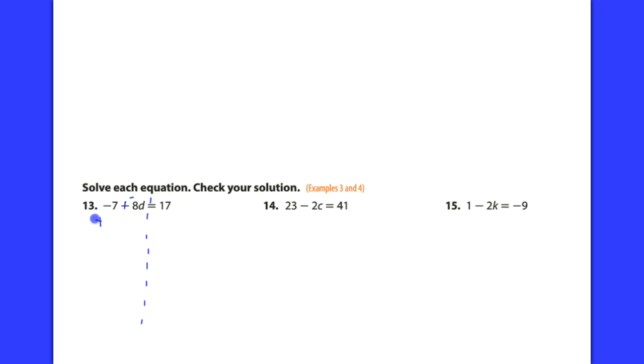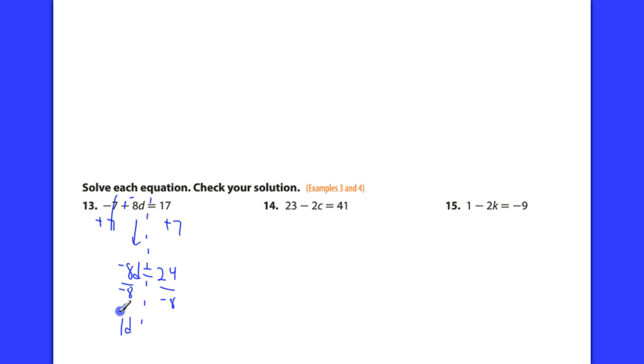We are going to add 7 to both sides. That eliminates that 7 right there, and it leaves me with -8d on this side is equal to 24. -8 divided by -8, because it's -8, we're going to divide by negative 8 because we have to use the same number there. That gives me 1d.